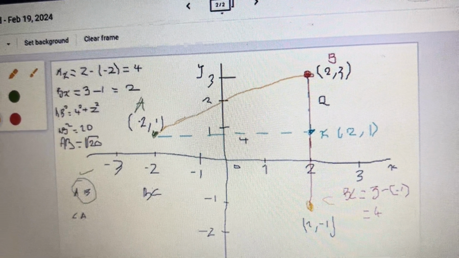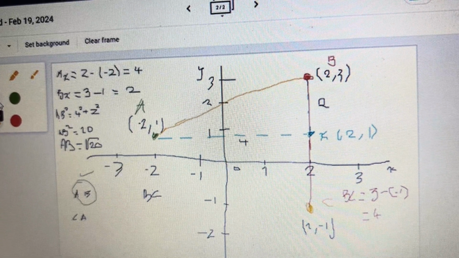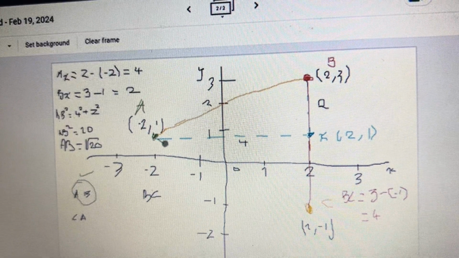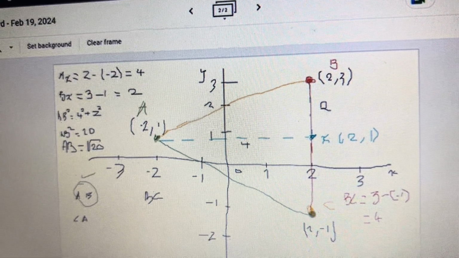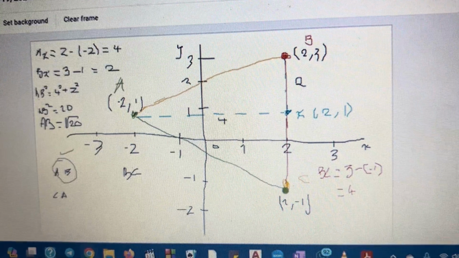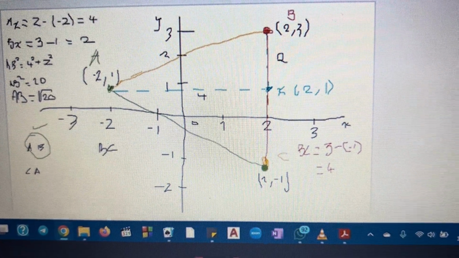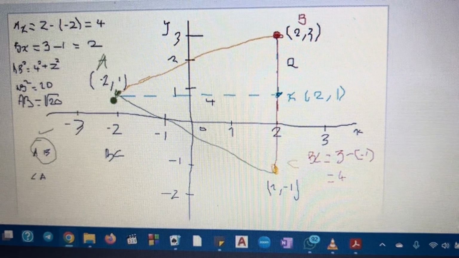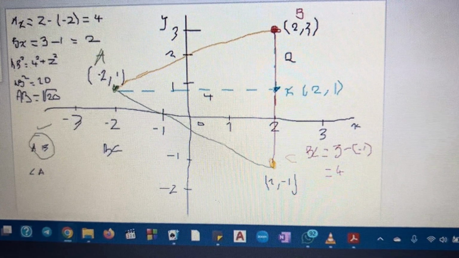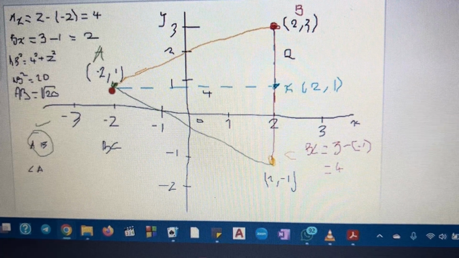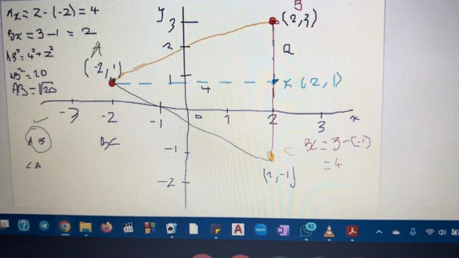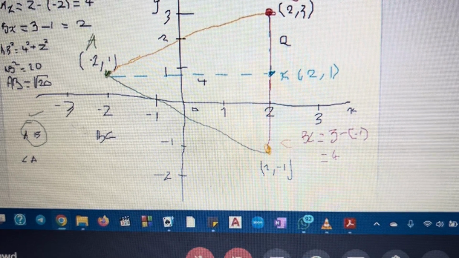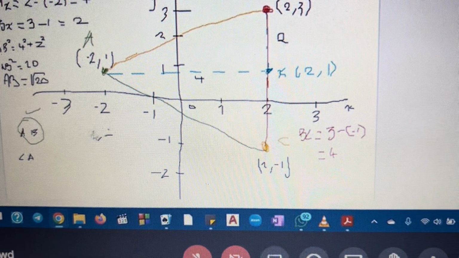So the distance from C to A, what color haven't I used? Let me use green. So this is the distance we're looking for now. And since they're not on the same line, we're going to use the ideas from the right angle triangle and Pythagoras' theorem. So we draw an imaginary right angle triangle.